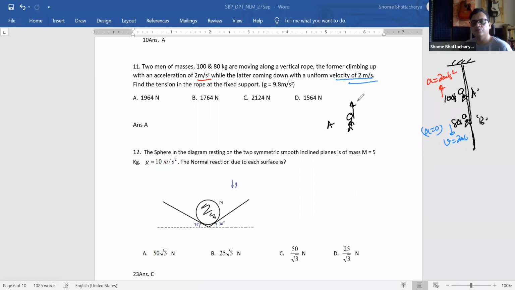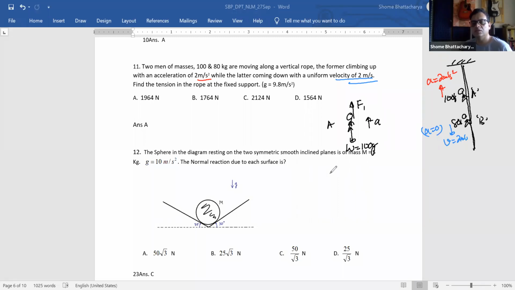For person A, there is some upward force of tension. Or you just think of this like a reaction force. Actually, you'll realize there's a frictional force because it's between his hands and the rope. The type of force is actually friction, but here you can just think of it like a contact force. So let's say this is F1, and his weight, which is 100 g, and under this action there is an acceleration a on him.